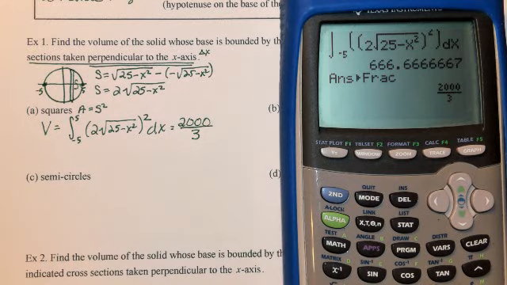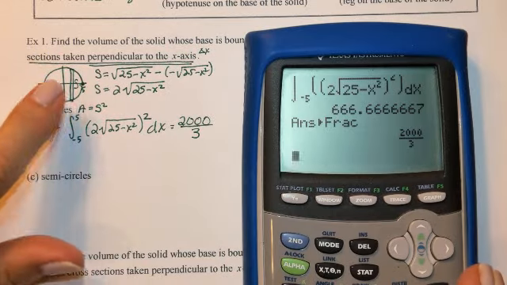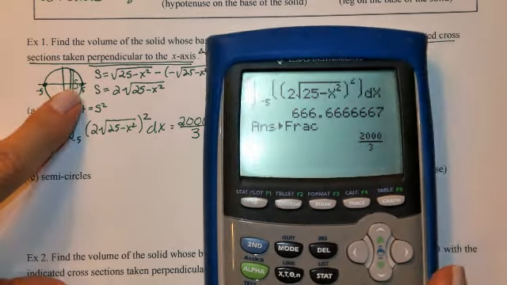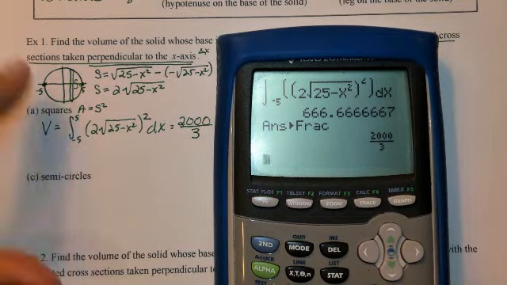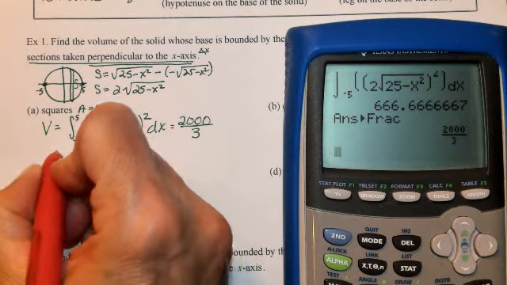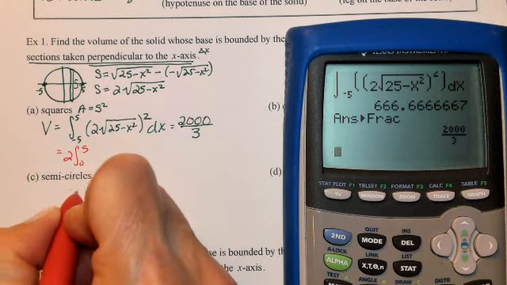Now, in this particular base, we have symmetry, don't we? Do you agree? We have symmetry. So an equivalent, we could have just done from 0 to 5 here and doubled it, right?